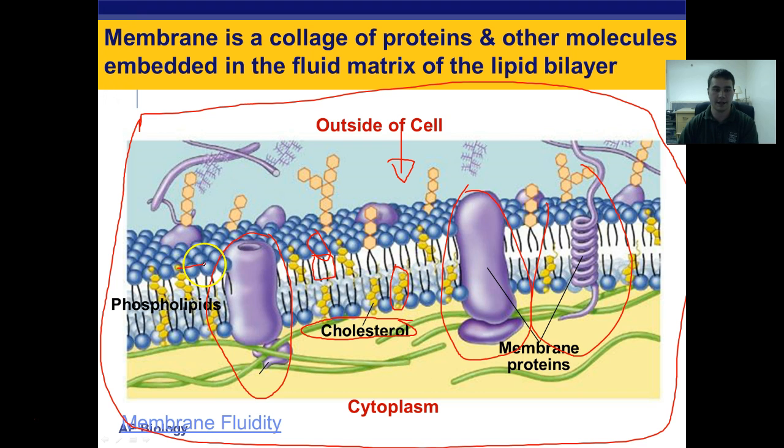Some of these, like this one right over here, this one's probably some kind of ion channel that lets water or specific different types of ions and things through. There are other proteins that actually allow larger molecules to come through, like glucose, but that's a bit different kind of transport, and we'll talk about that a little later in a later video.